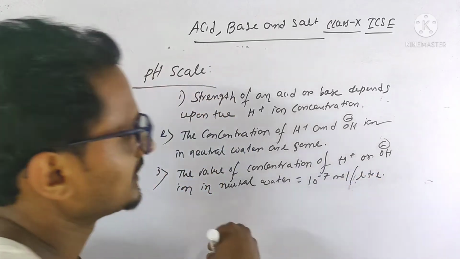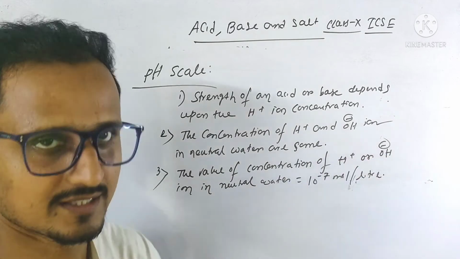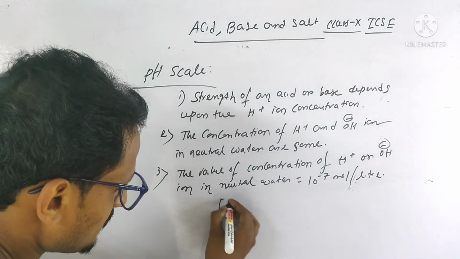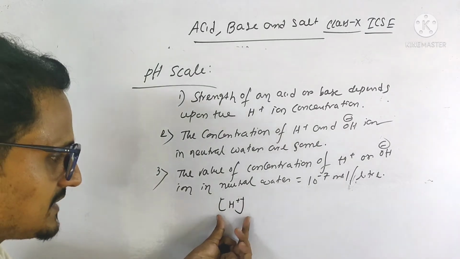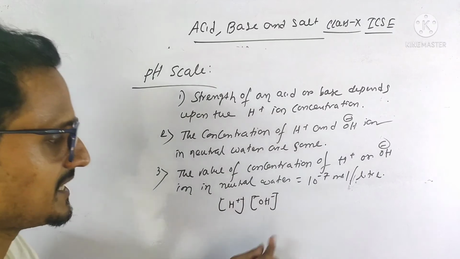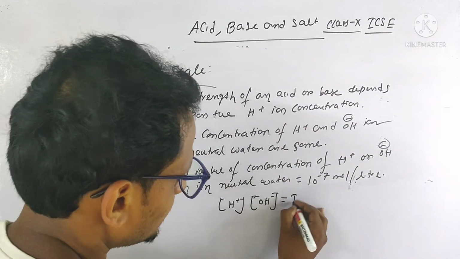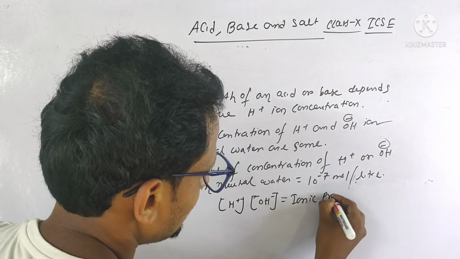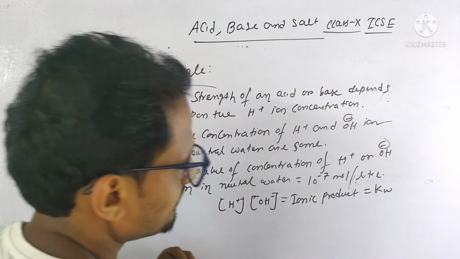Now the product of the concentration of H plus and OH minus, concentration symbol being a square bracket, the product of concentration of H plus and OH minus ion is called the ionic product and it is denoted as Kw.